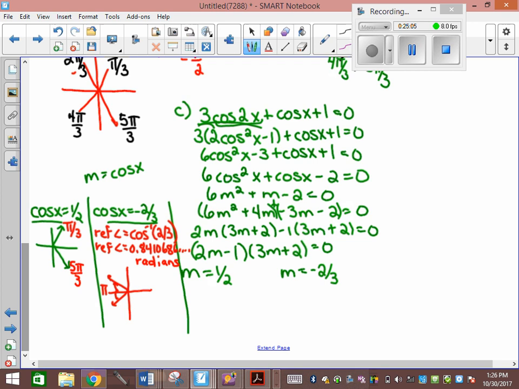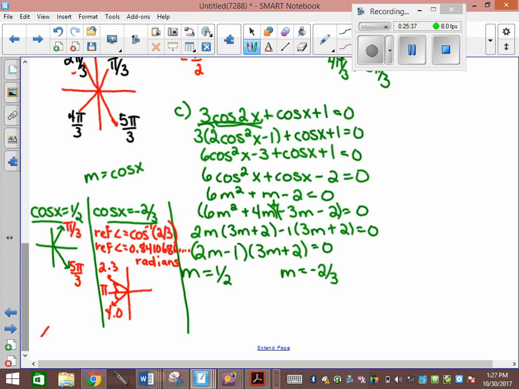So pi minus 0.841068676, and we get 2.3, and then we're going to take pi and add that decimal. And we're going to get 3.98. So those are our solutions.